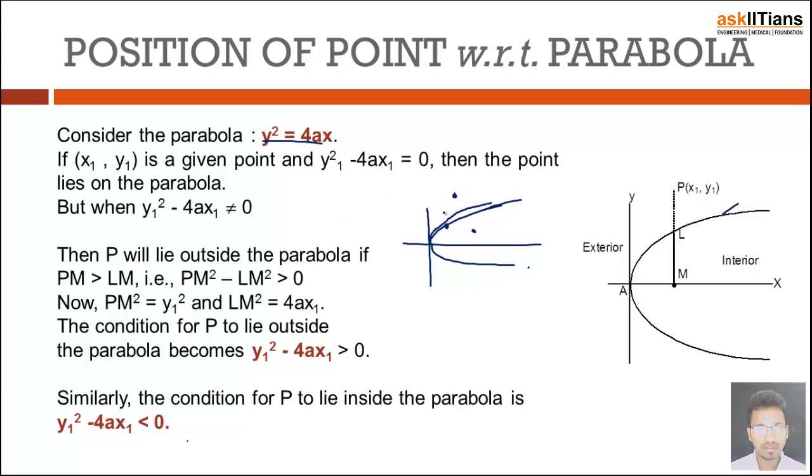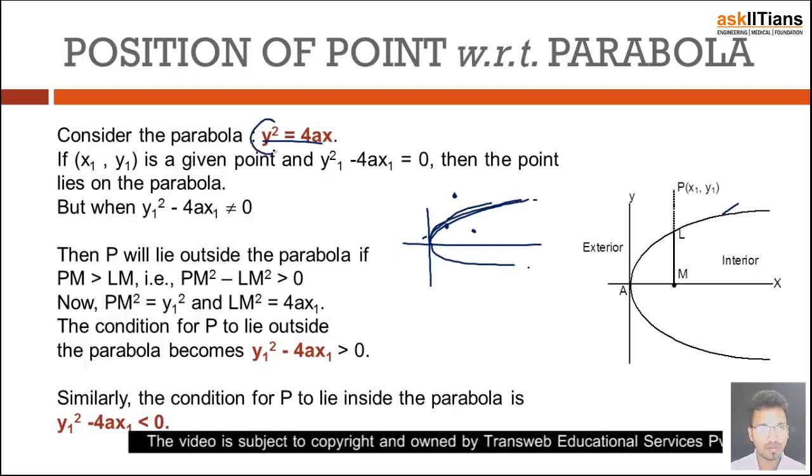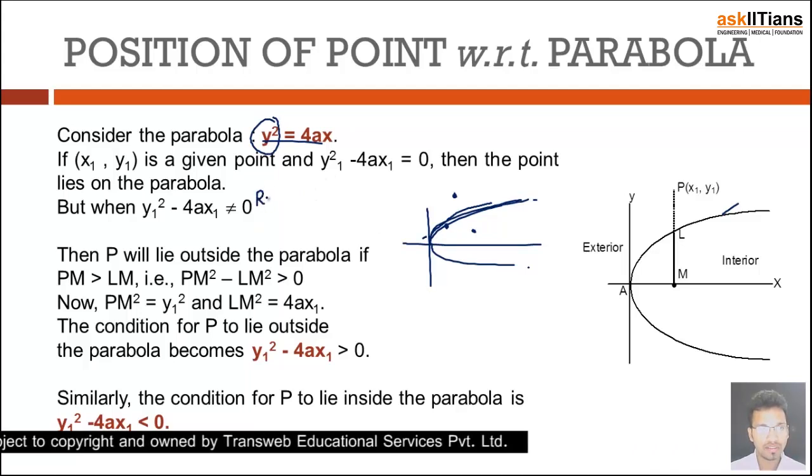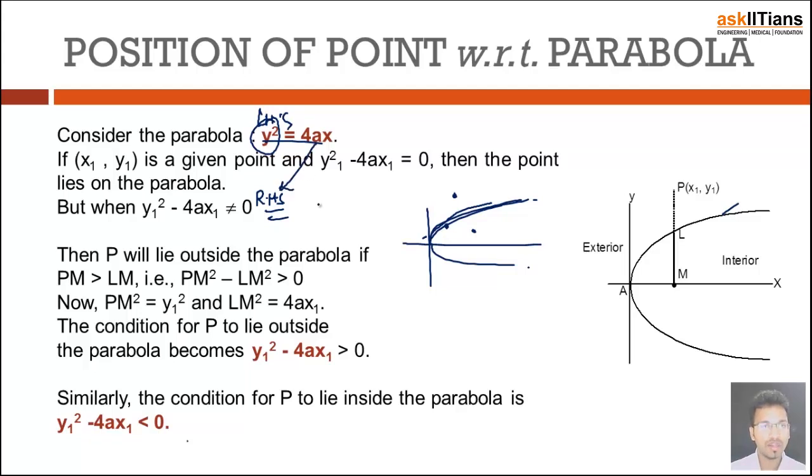And exterior we will see in terms of the distance. For satisfying the parabola, clearly we need to check. We will put y1 here as the LHS and compare it with the RHS. So if both are equal, then the point lies on the parabola.